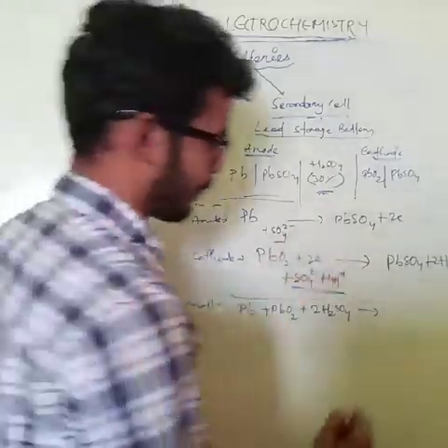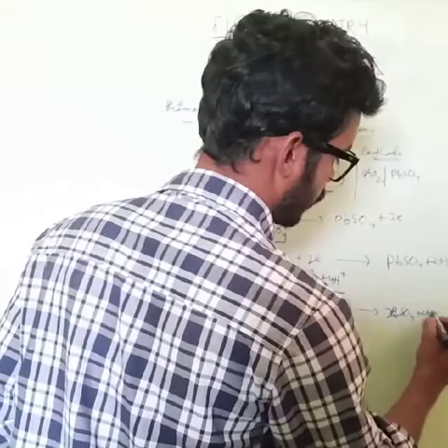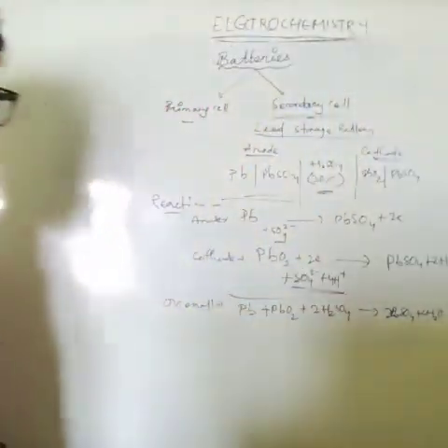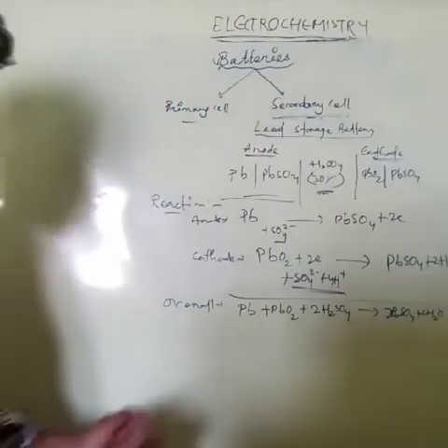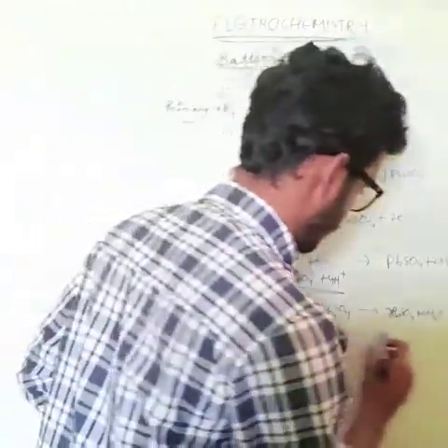So it is 2PbSO4 plus 2H2O. So this is your reaction.